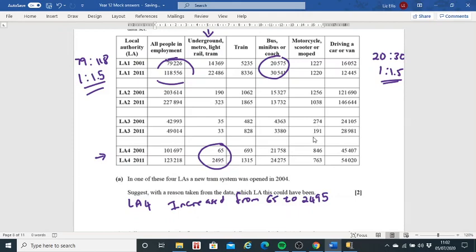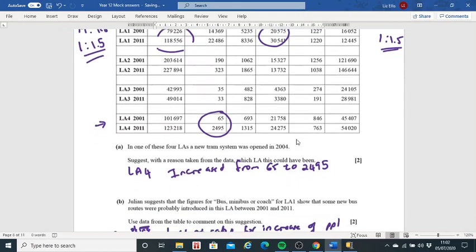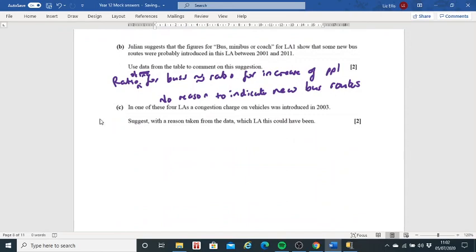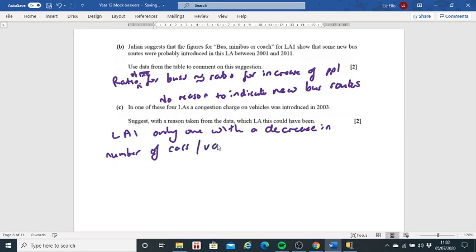So our answer happens to be LA1. And this one's quite easy to say. It's the only one with a decrease in the number of cars or vans being driven.